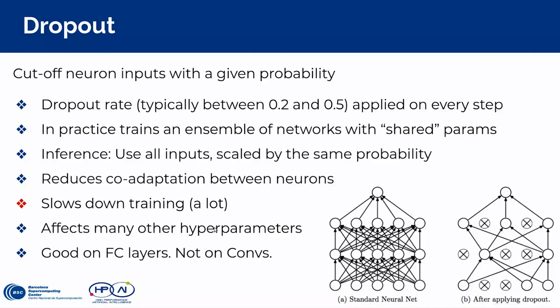So that's not good. Also, it adds another hyperparameter that we have to tune, and it affects so many others. Also, I didn't get into convolutions, which is the topic on images, but usually for fully connected layers it works very well. For other architectures of neural networks, it might not work that well.